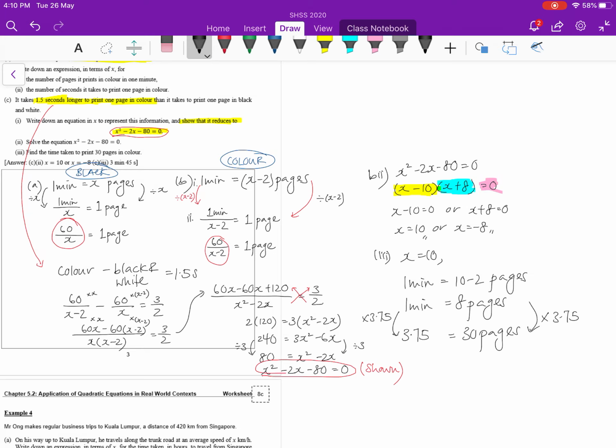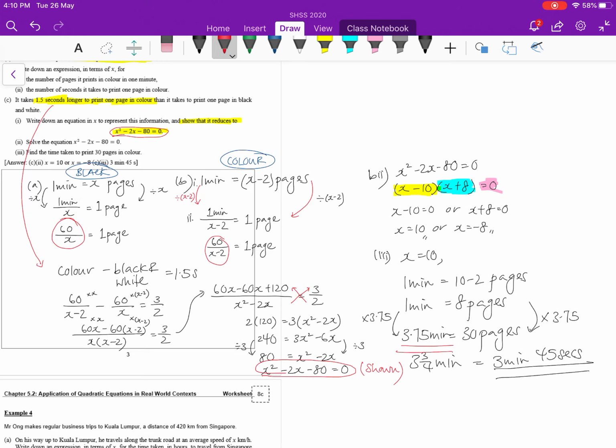It's 3.75 minutes. Yeah, the answer is 3.75 minutes. But if you want to change it to minutes and seconds, 3.75 minutes is actually 3 and 3/4 minutes, which is 3 minutes plus 3/4 times 60 seconds. You should know this, 45 seconds. But you can leave your answer as 3.75 minutes.